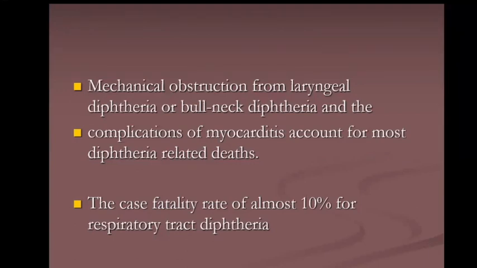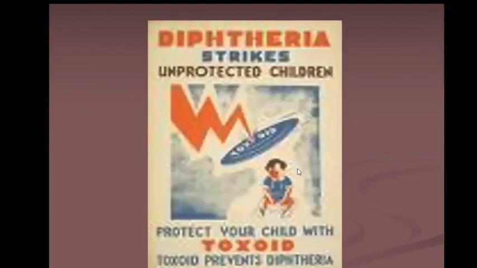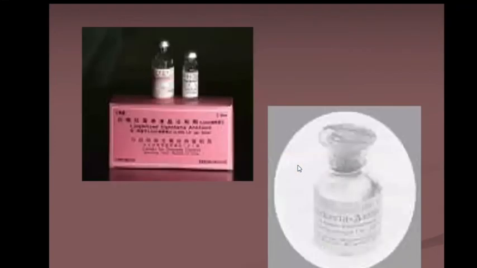Okay, so in summary, diphtheria is caused by the organism Corynebacterium diphtheriae, which is a gram positive bacillus. It can primarily affect the respiratory tract, primarily the pharyngeal, laryngeal, and nasal regions.